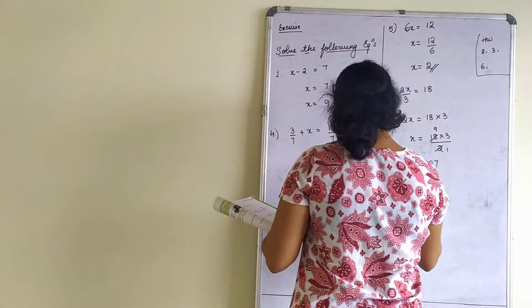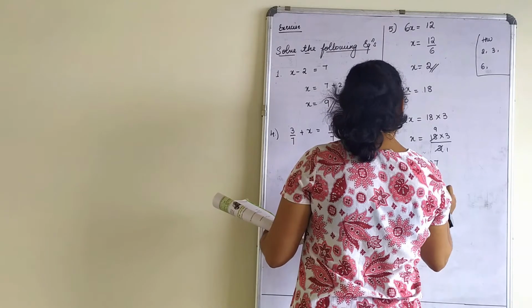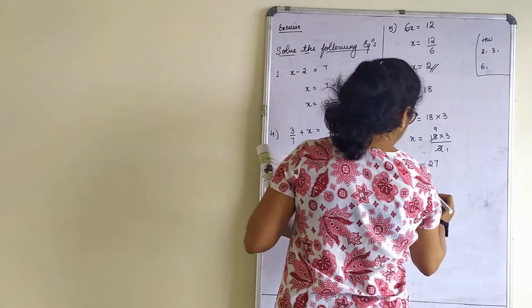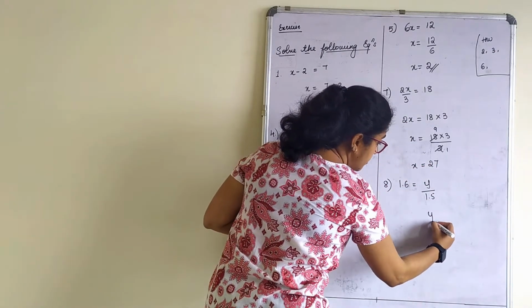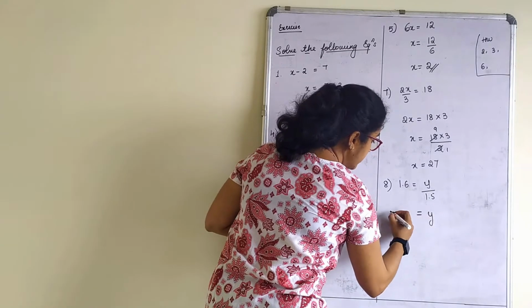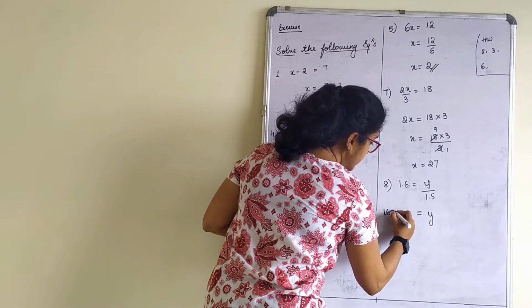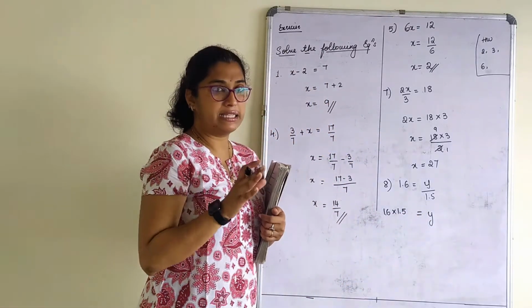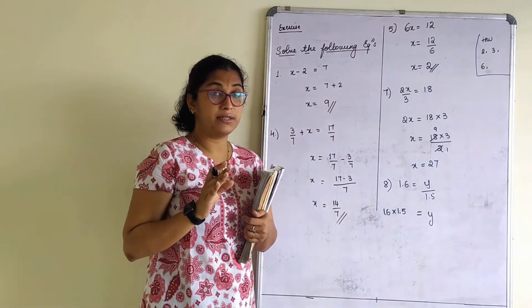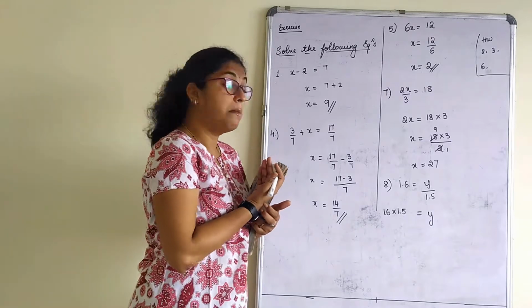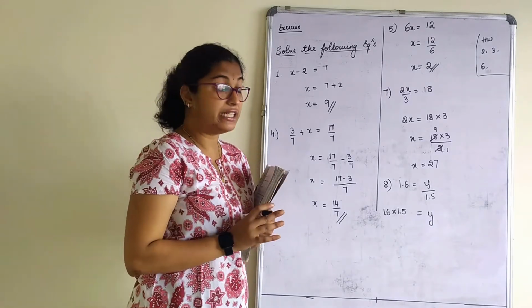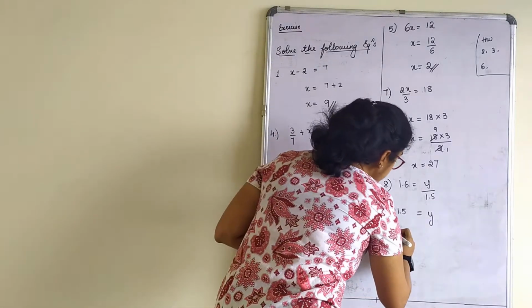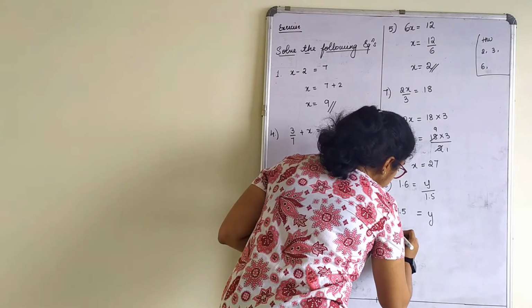1.6 is equal to y divided by 1.5. Keep this y here only, do not get confused. Y is equal to 1.6 into 1.5. Forget about the decimal. First multiply the numbers. Then we'll see the decimal. Multiply 16 into 15. So 16 15s is 240.